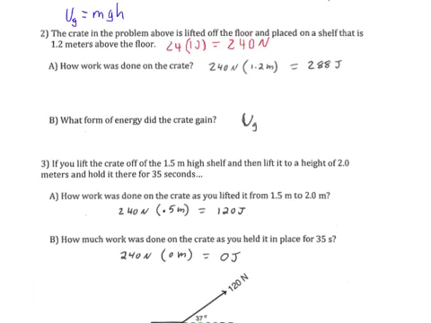Now, take that same crate and lift it from a height that was 1.5 meters off the floor to a height that's 2 meters off the floor. So the change in height, delta h, is equal to 0.5 meters. So that's how much more it's going to gain.